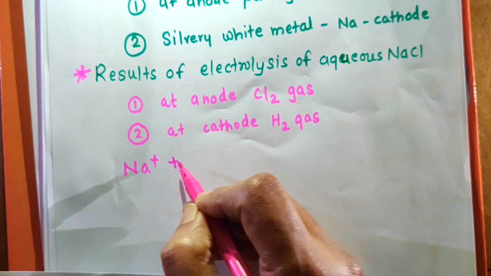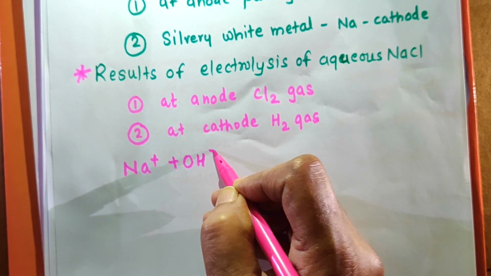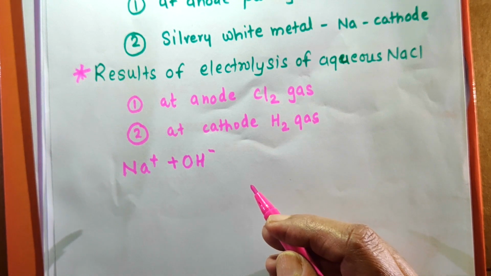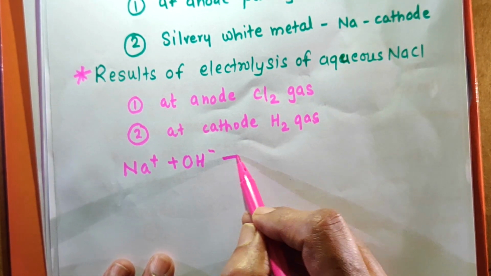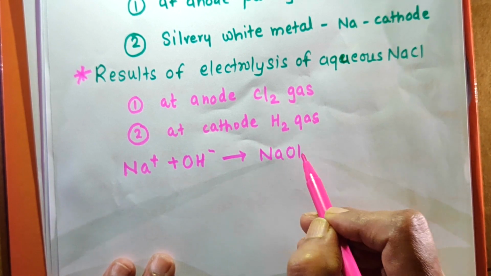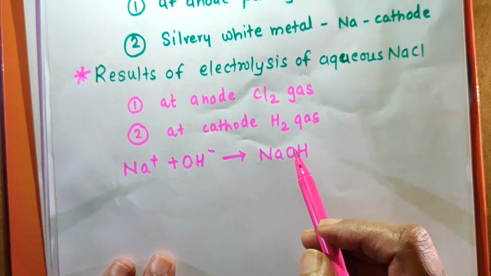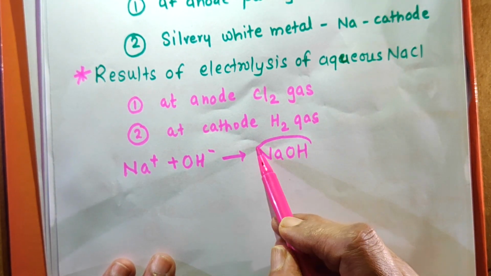And so in the aqueous solution of NaCl we will have Na plus ions and OH minus ions which are free. They will combine together to give NaOH. That is, in the electrolysis of aqueous NaCl we can obtain sodium hydroxide.